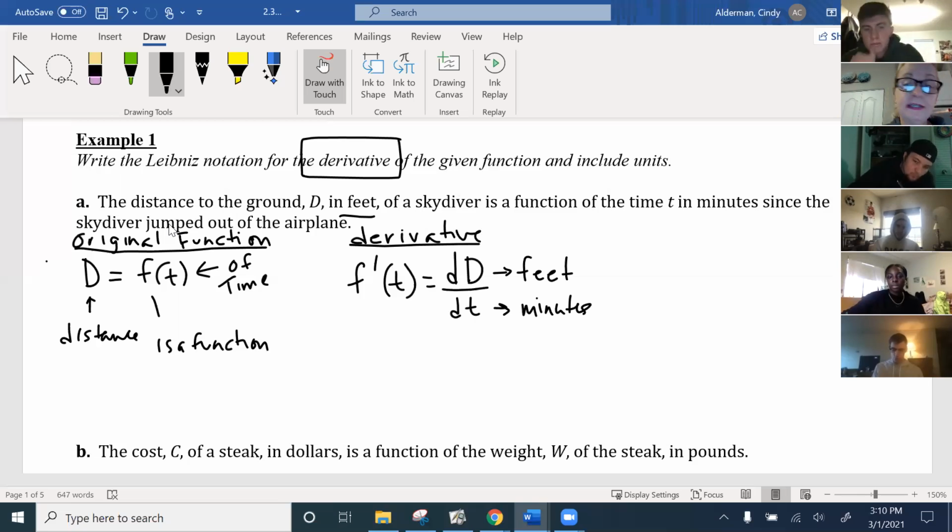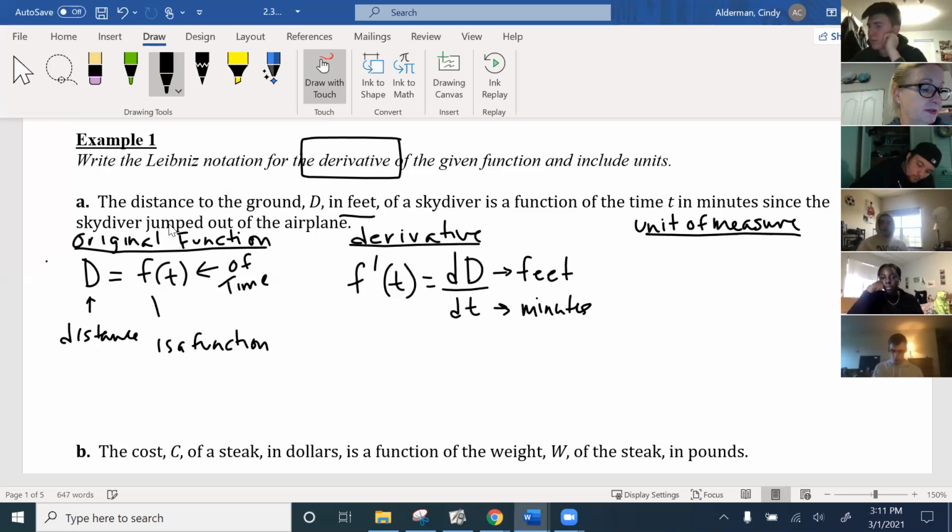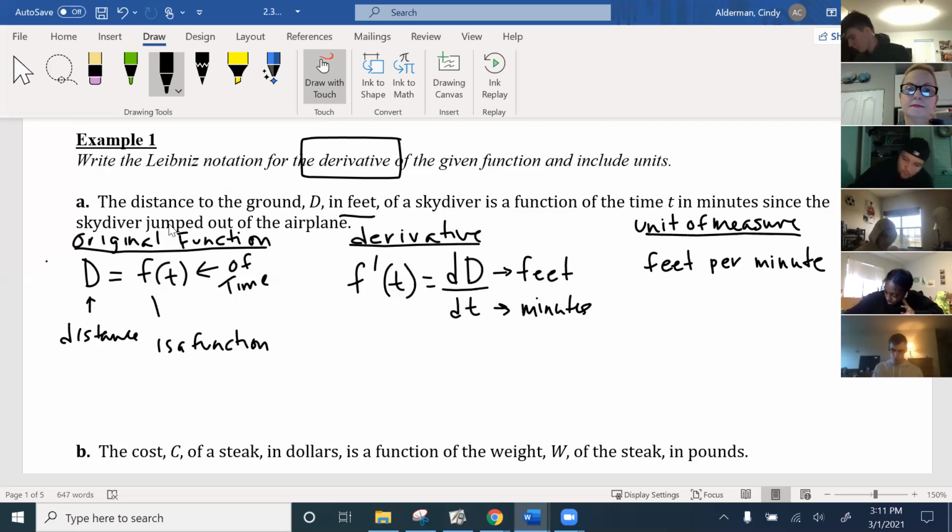Okay, so let's say unit of measure over here. So unit of measure would be feet per minute.